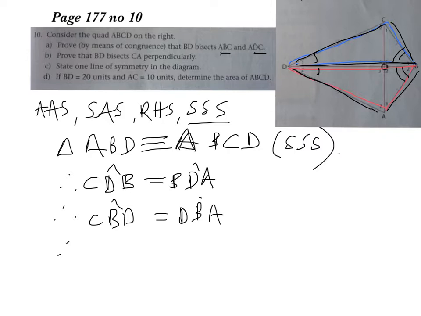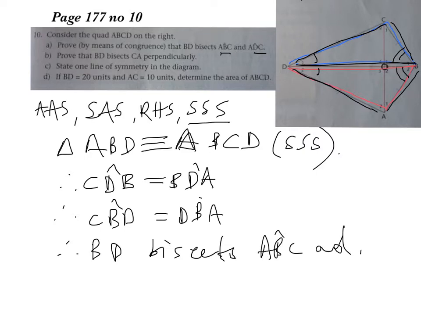And this implies that BD bisects ABC and angle ADC.